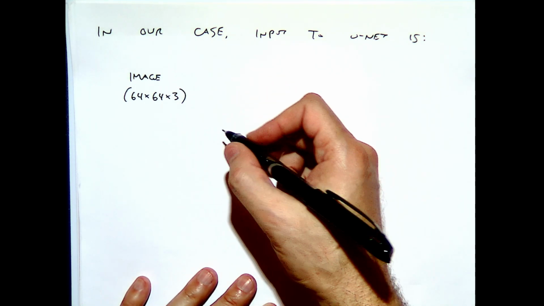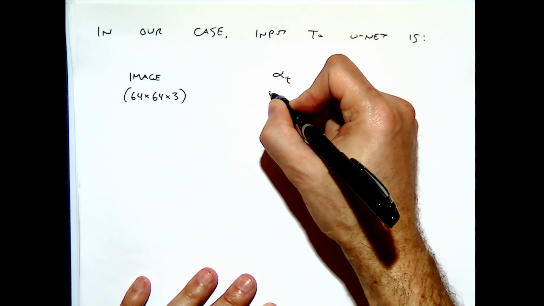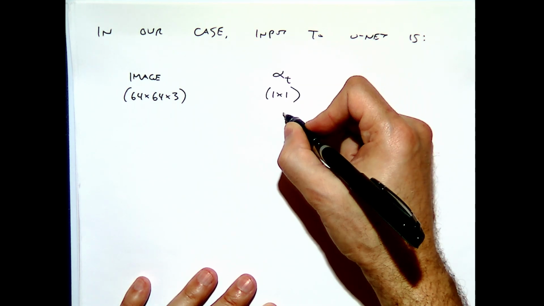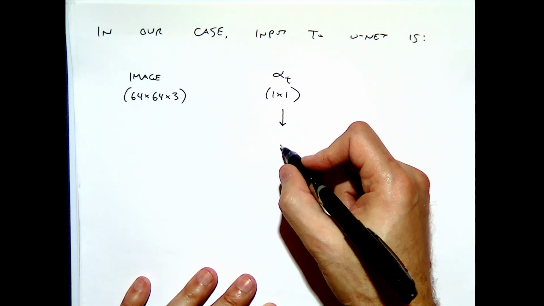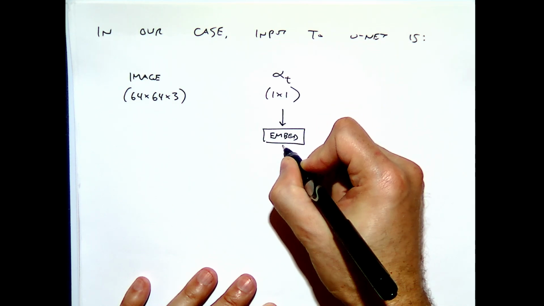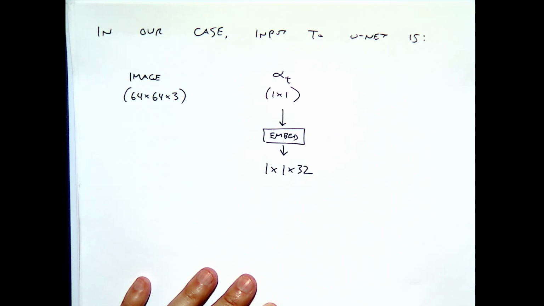And then I have my alpha t, which is a 1-by-1 scalar, right? We just learned how I could embed this 1-by-1 scalar into a vector. So say I turn this into a 1-by-1 by 32 vector.